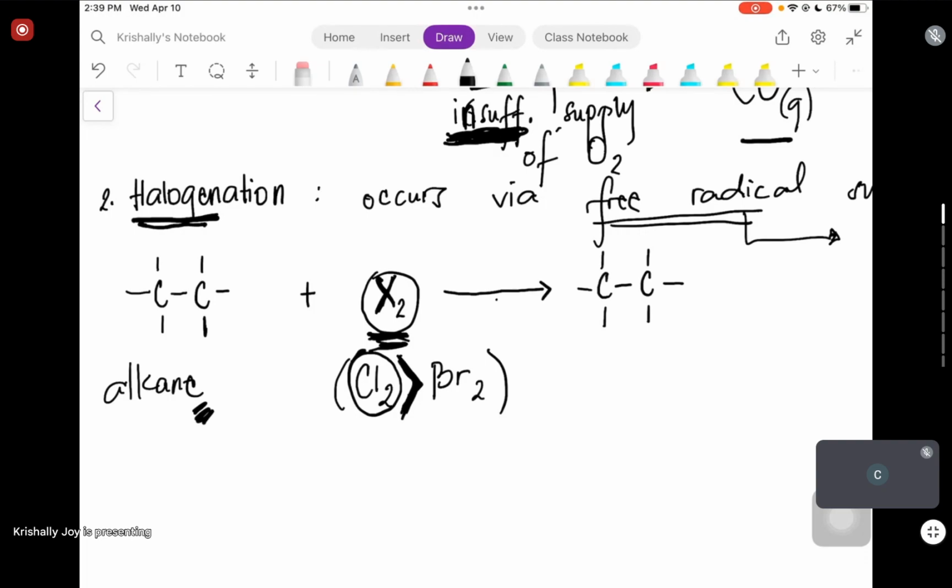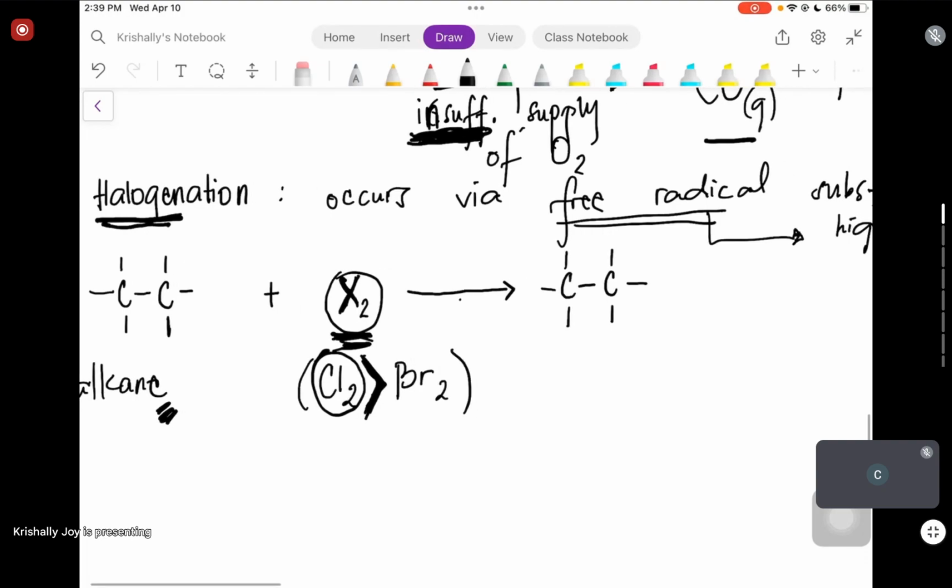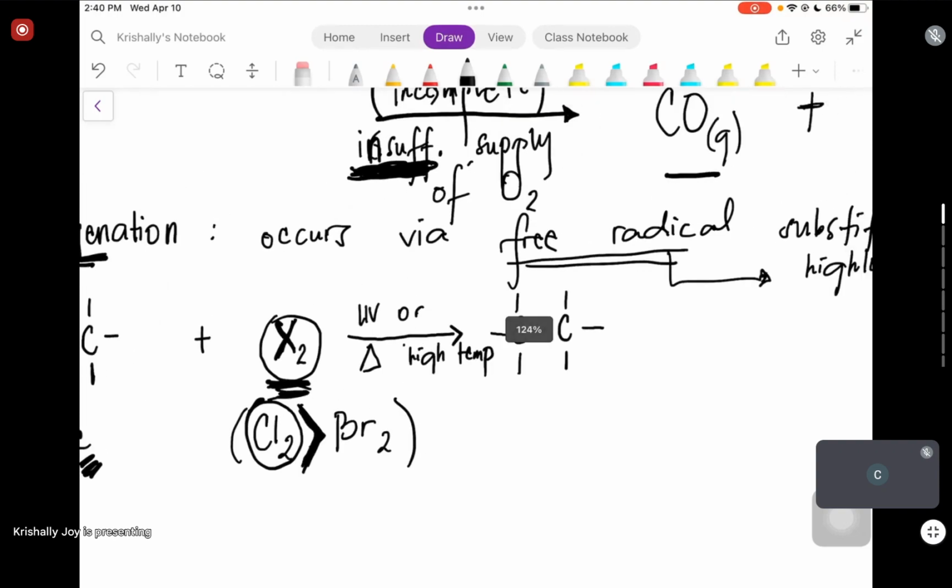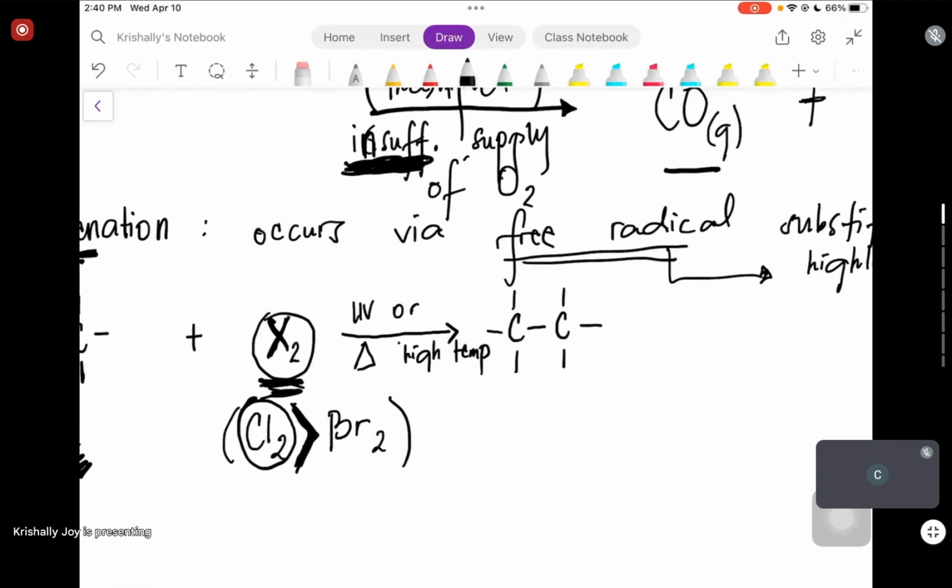Okay? And then, for the chemical reaction to proceed, there needs to be the presence of UV light or an elevated, high enough temperature. What's the use of this UV light or elevated temperature?